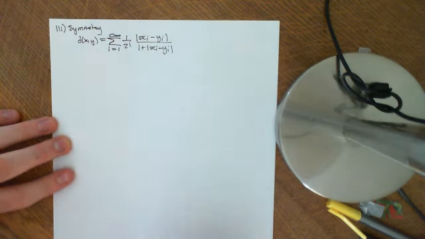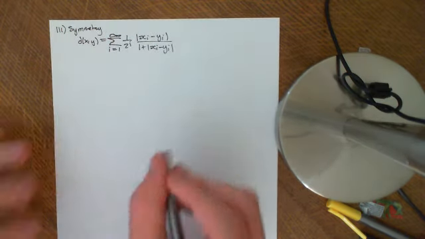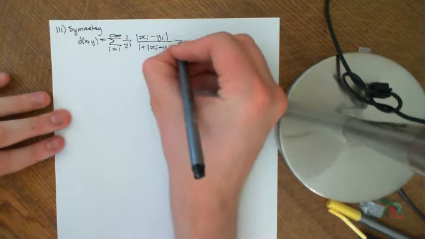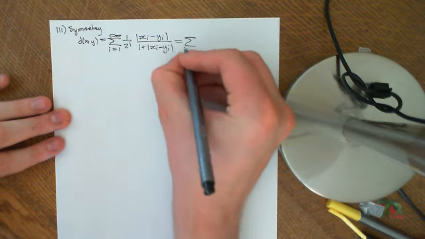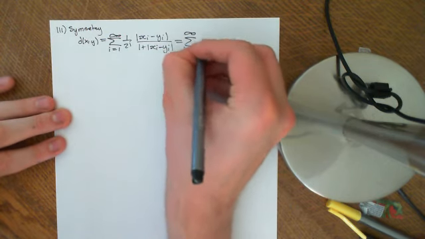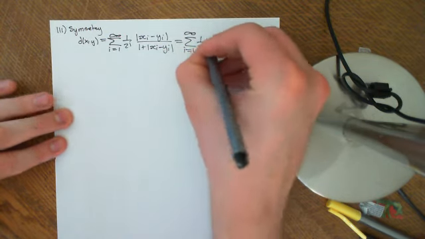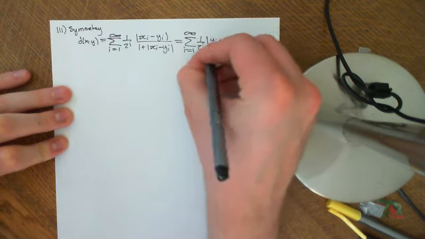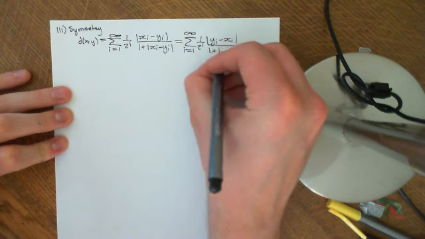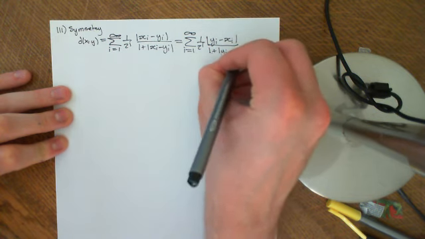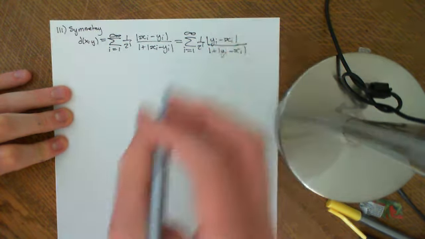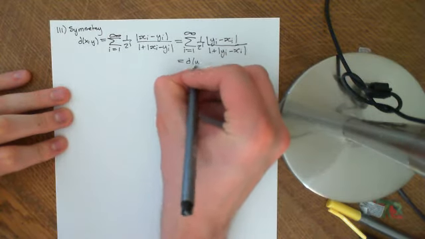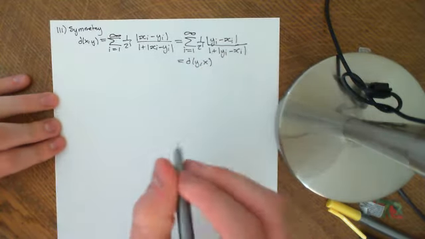But again, the absolute values do not care whether you take the absolute value of xi minus yi or the absolute value of yi minus xi, so we can replace this by the sum from i equals 1 to infinity of 1 over 2^i times the absolute value of yi minus xi over 1 plus the absolute value of yi minus xi. Okay, so this is then equal to the distance between y and x, so it is symmetrical.